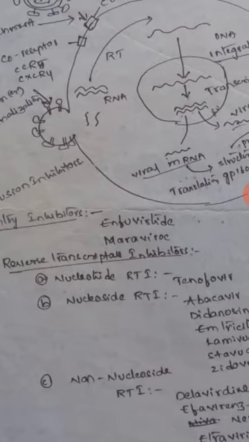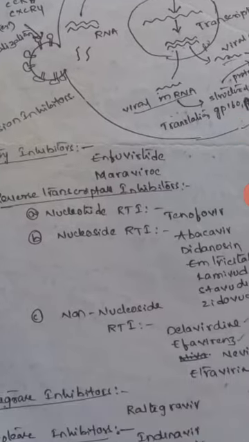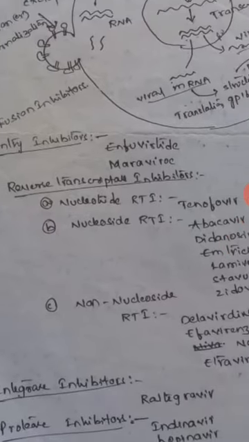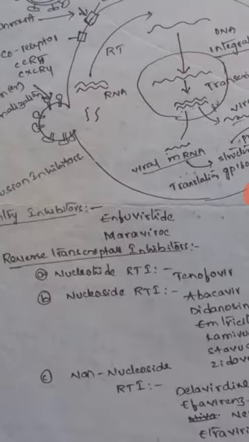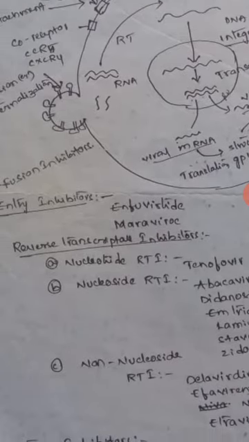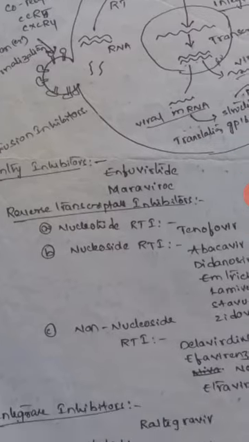This process occurs before replication of the virus, so if you stop this step, you stop the further processes like integration, transcription, budding, releasing and infecting. These are called reverse transcriptase enzyme inhibitors. Our target here is the enzyme reverse transcriptase. These reverse transcriptase enzyme inhibitors are again of three types.